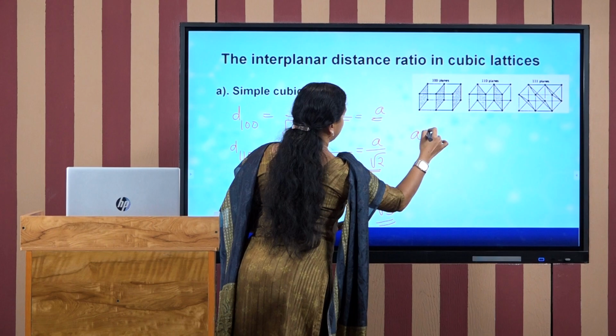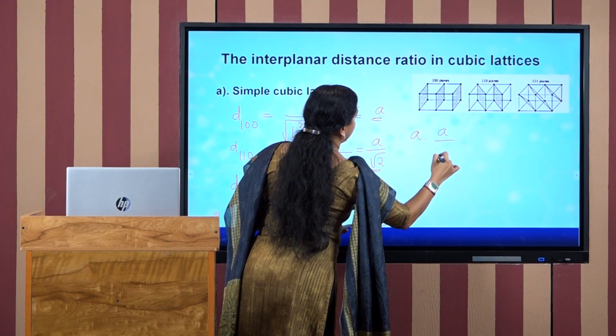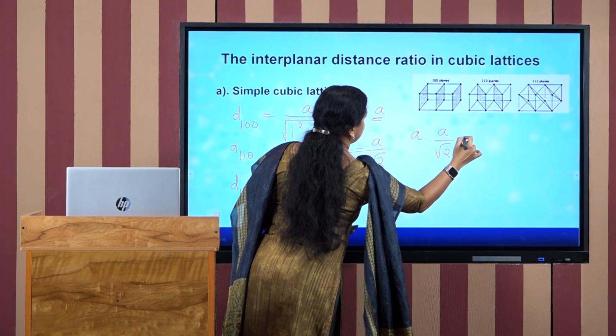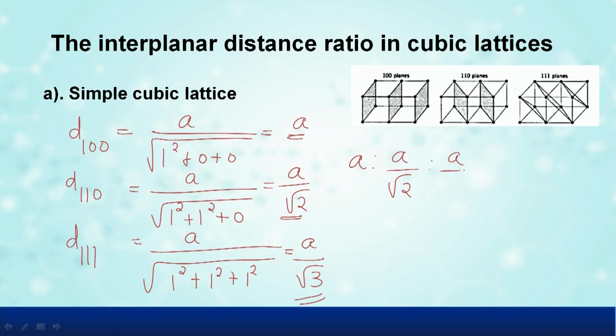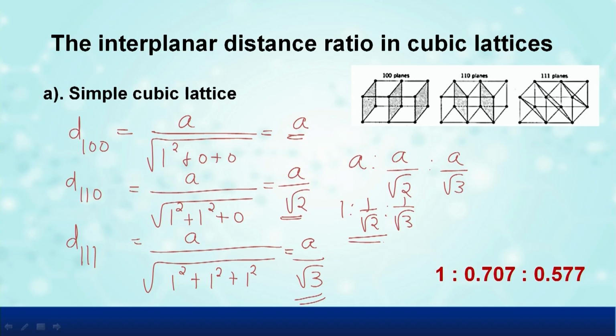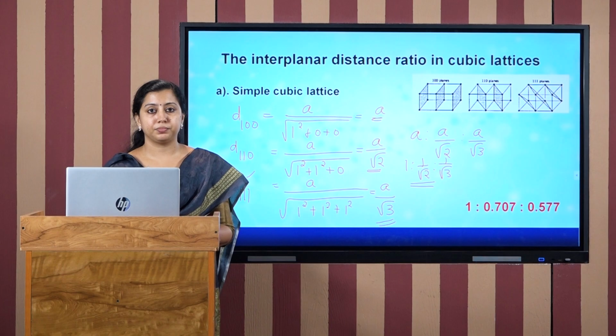We have A is to A by root 2 is to A by root 3, or we may write 1 is to 1 by root 2 is to 1 by root 3. Okay. So, this corresponds to 1 is to 0.707 is to 0.577.